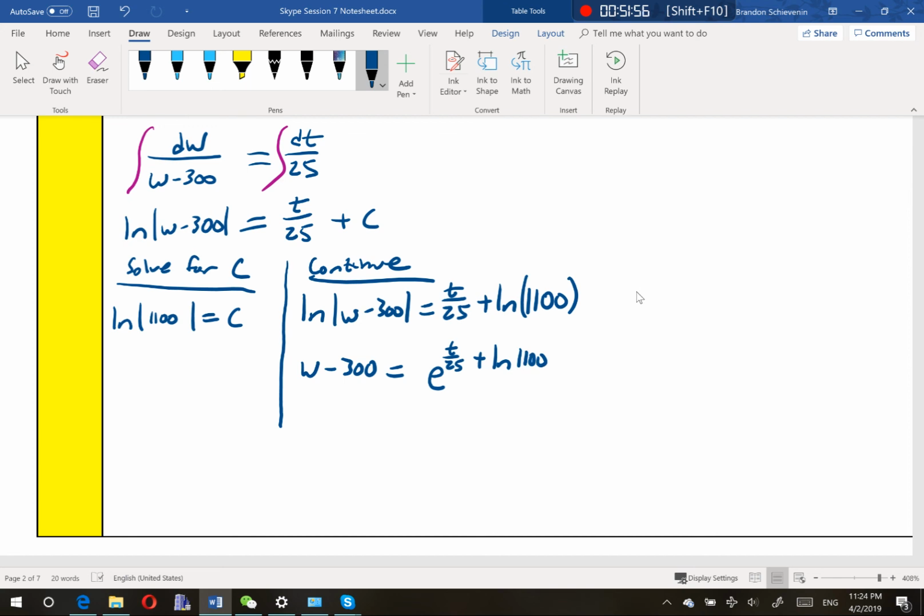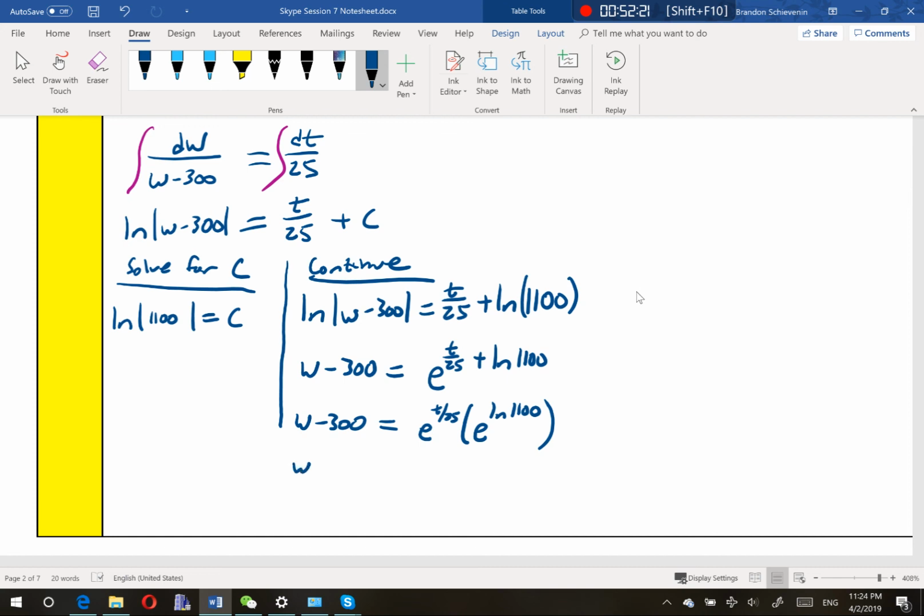If I'm adding with the same base, how could I rewrite that? Times. Okay, if I'm adding in my exponent, I should be multiplying with the same base. So this is really e to the t over 25 times e to the ln 1100. What is e to the ln 1100? 1100, perfect.